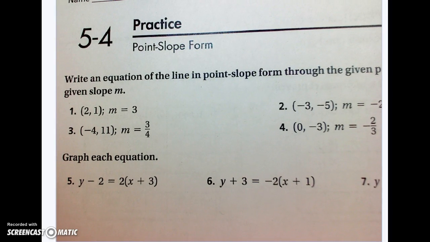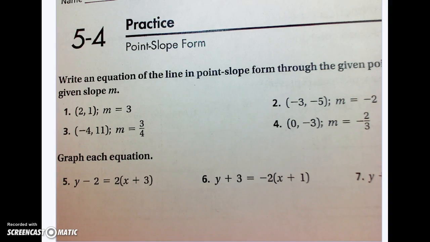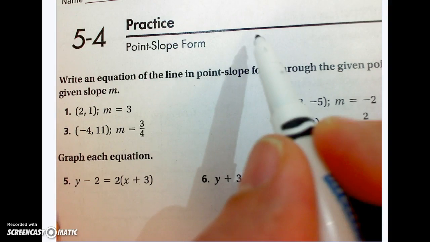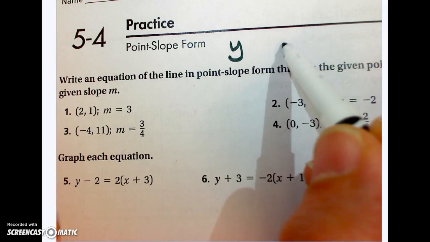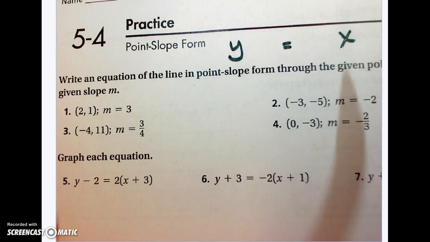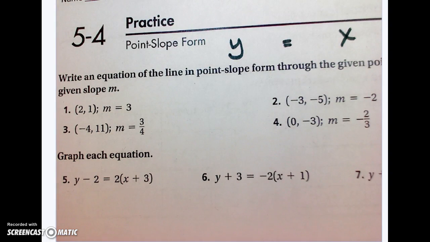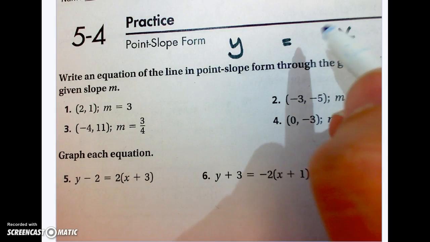5-4, point slope form. So point slope form, we still have y, and we still have x, and like it says, our slope is in there.